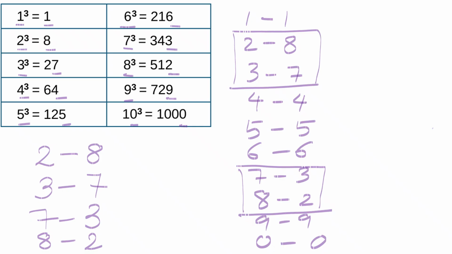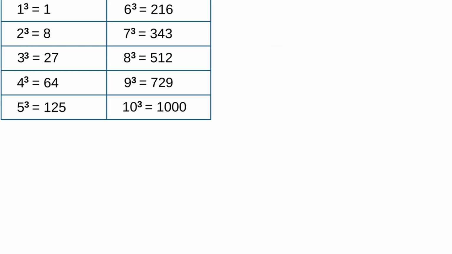Now with this information, we will be able to get the cube roots of larger numbers in a few seconds, but the need is practice. So let's see ahead. What we have concluded till now: if a cube is ending at 8, its cube root will end at 2.